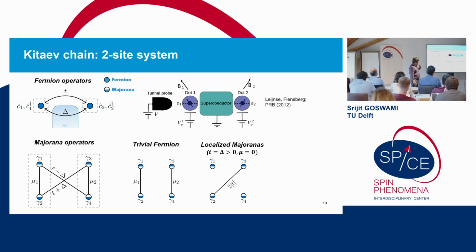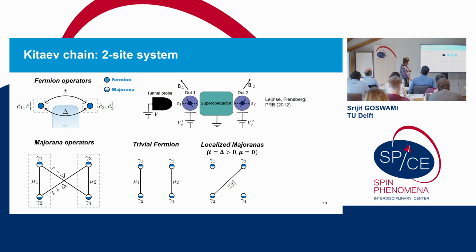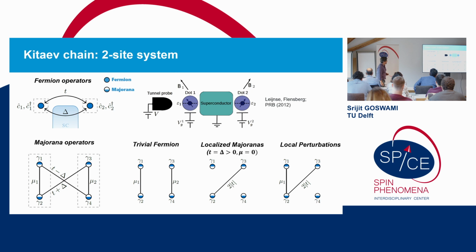Then you can think of localized Majoranas, which means that you now satisfy this condition where T and delta are non-zero and mu equals 0, so you cut off these guys. So these two don't talk to each other, and you can see here that this coupling goes to 0, and this is what actually gives you these isolated Majoranas. So when you reach that, you actually get these isolated Majoranas on the two sides, even for two sites.